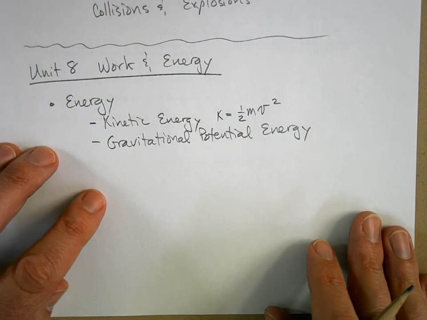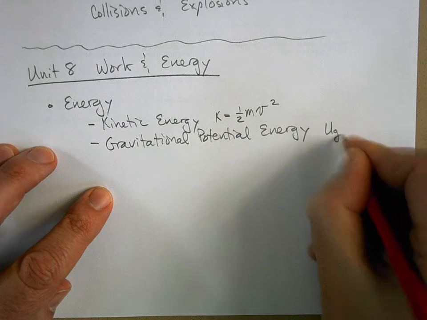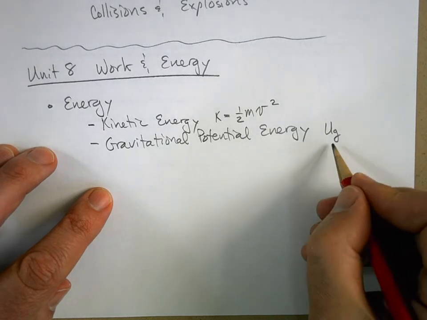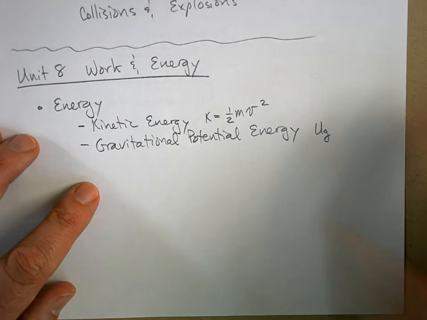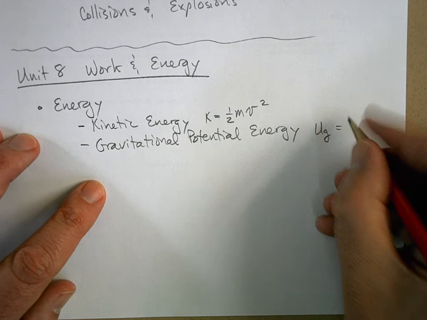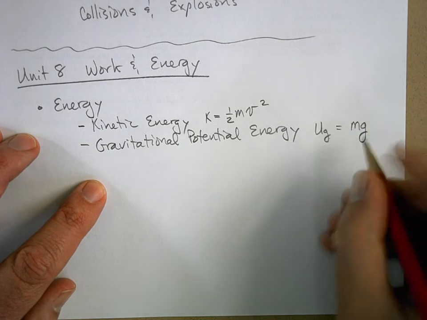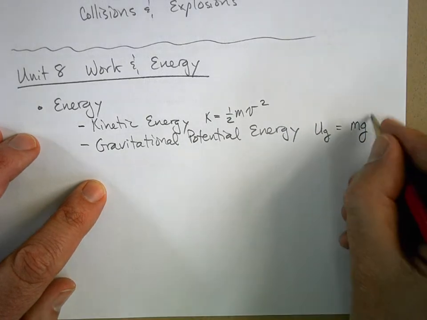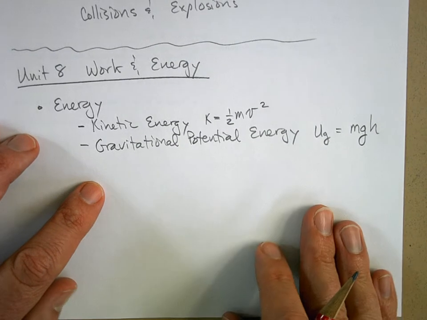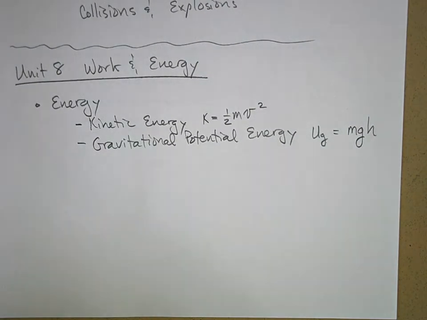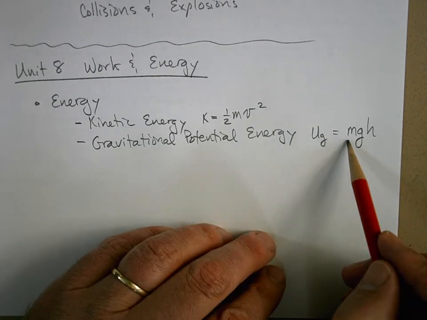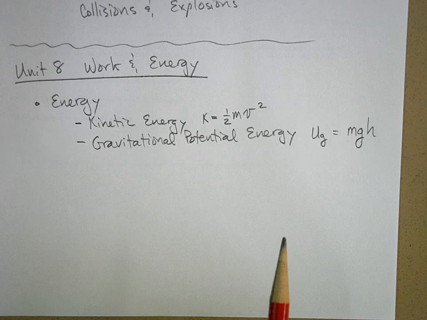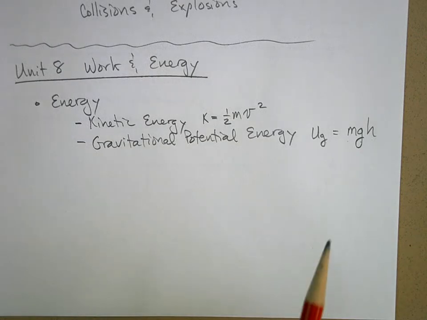And we abbreviate that with the letter U sub G. Since it's a potential energy, we use U. And then the subscript G is for gravity. And that's going to be equal to mgh: mg is the weight of the object times the height, h, above some reference point. So h is the height of the object, m is the mass of the object, and g is the acceleration of gravity, or the gravitational field strength, 9.8 newtons per kilogram here at the Earth's surface.